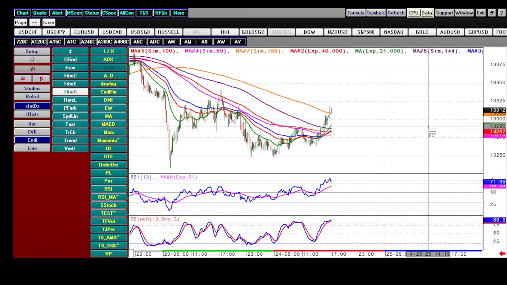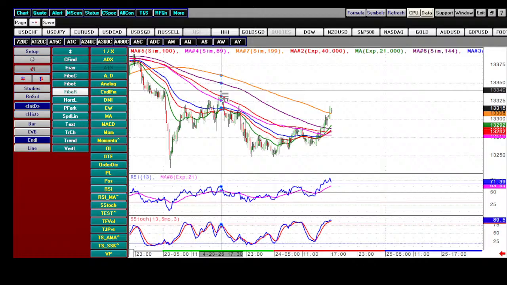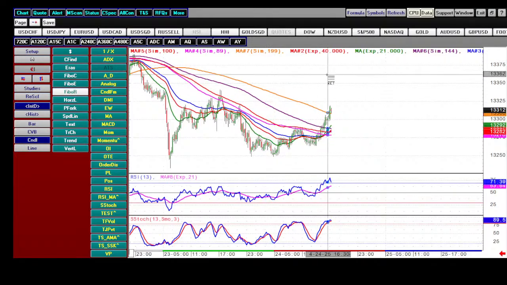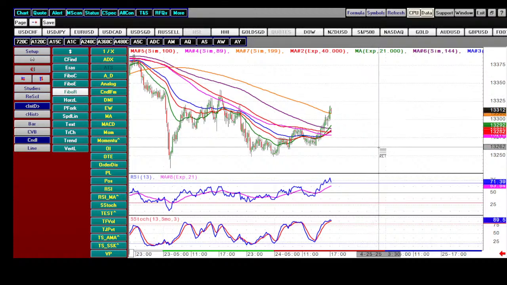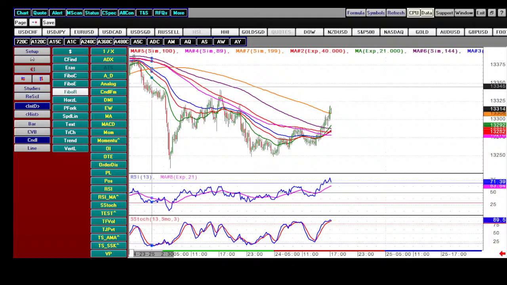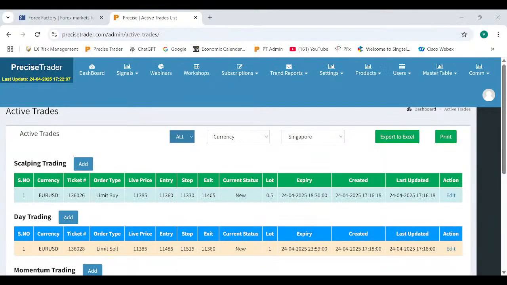So what we can do, we go for a buy at 132.90, stop at 60, and TP at 133.30. Okay, so we have three trades.